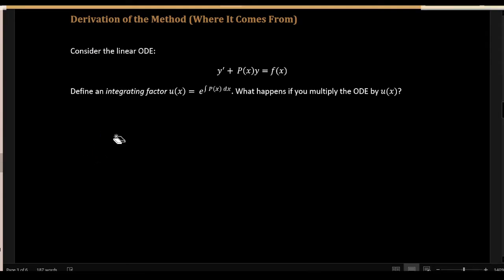I'm not going to be bothered, I'm just going to call this a regular old u. We're going to define this integrating factor in a kind of strange way. We're going to take the exponential e, and then in the exponent, we're going to put the integral of the function p of x that appears next to y in our linear differential equation.